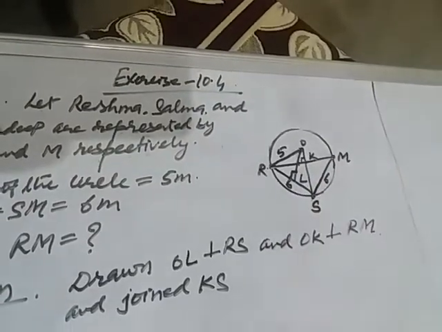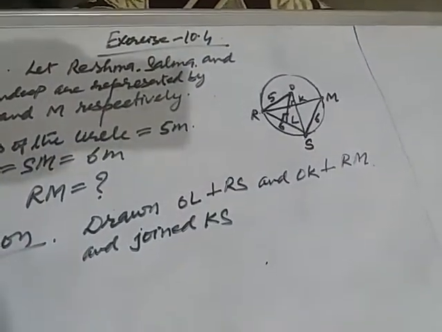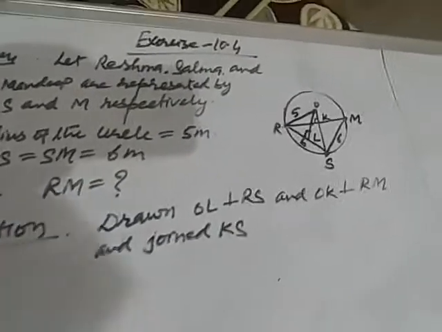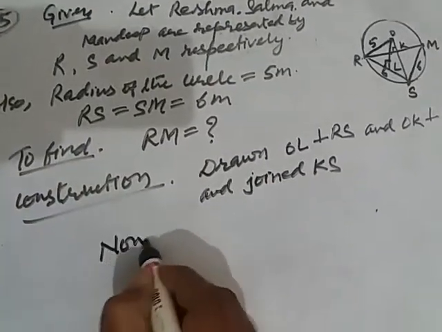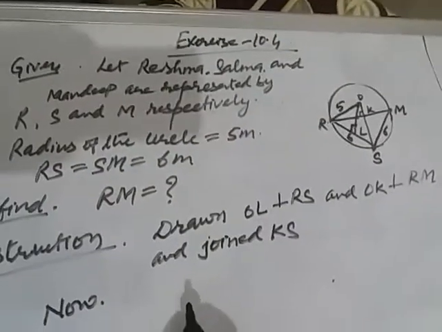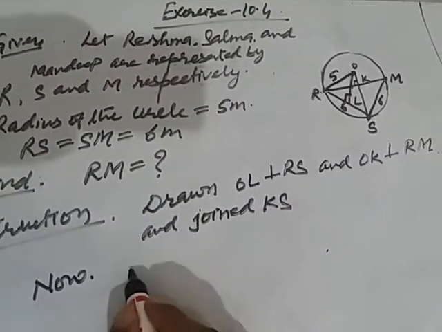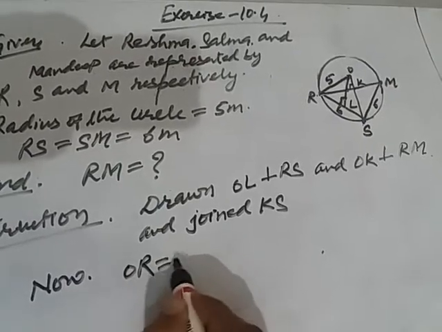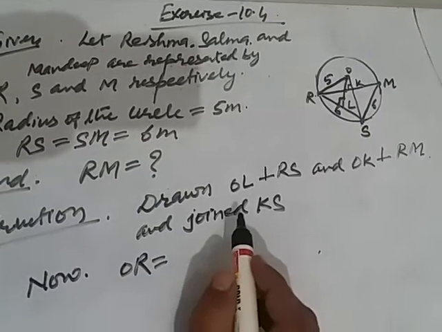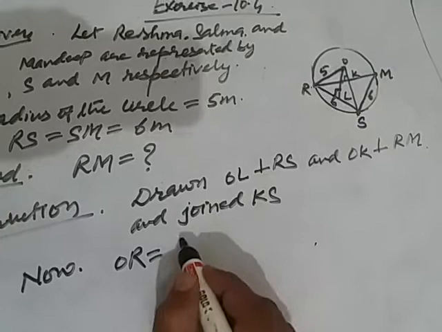Now this OS is also your radius. Clear, children? Now OK perpendicular to RM. See what we have ultimately found. We have found that OR equal to OS.